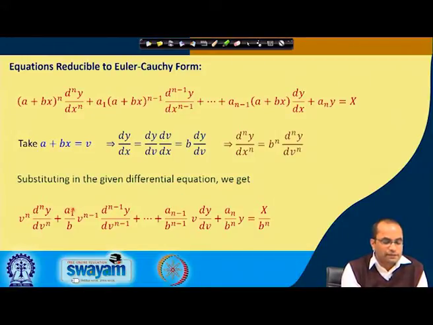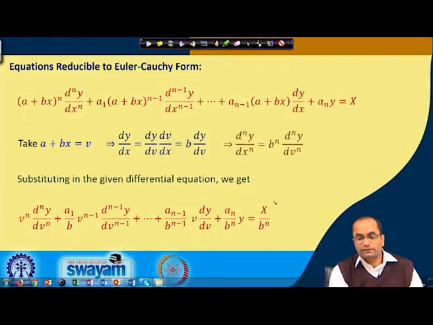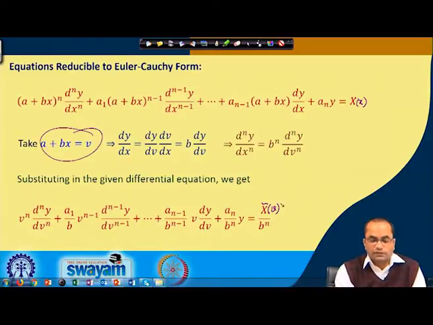Here we will get a_1 over b, because there was a term b^{n-1}, and when we divide by b^n, one b survives in the denominator, for the (n-1)th order term, and so on. So the right hand side is maybe a new function of v, because x was a function of x, but now x is replaced in terms of v.